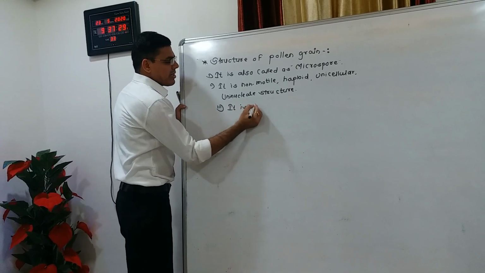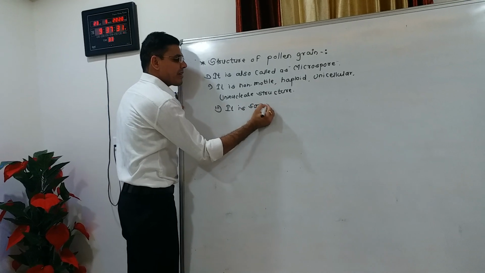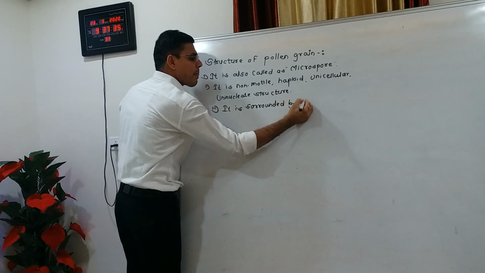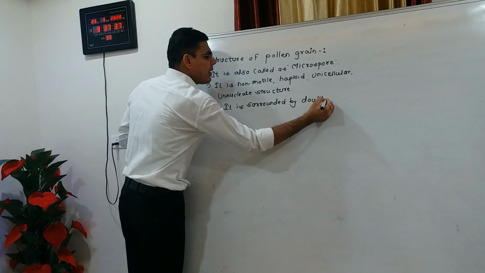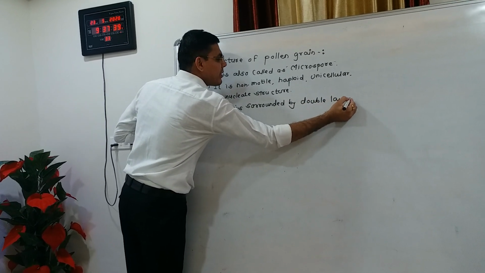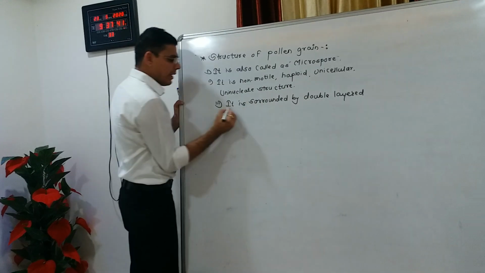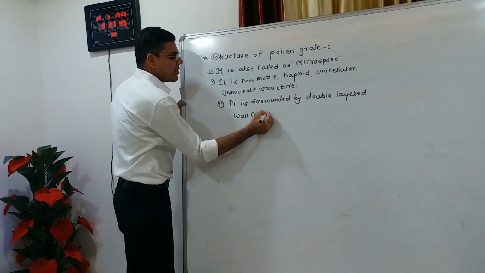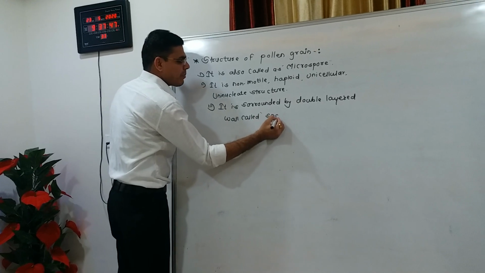It is surrounded by a double layered wall called sporoderm.